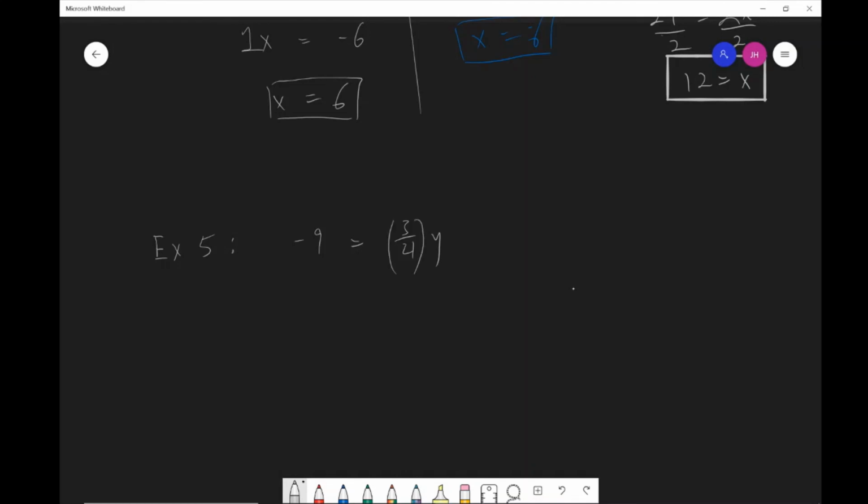Because the coefficient is a fraction, it is better for me to multiply the reciprocal of it, which is the same thing as saying division. The reciprocal of the coefficient will become 4/3, but if I multiply it on the right side, I have to do the same thing on my left side.